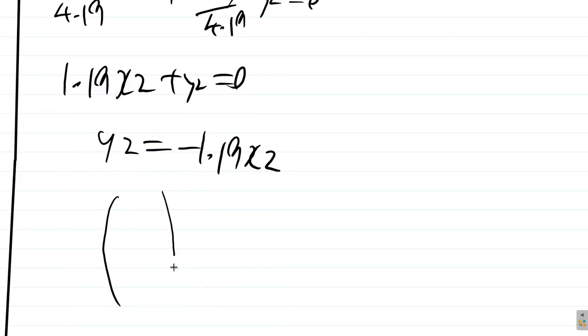That means if x2 is 1, then y2 is negative 1.19 times 1, which is negative 1.19.